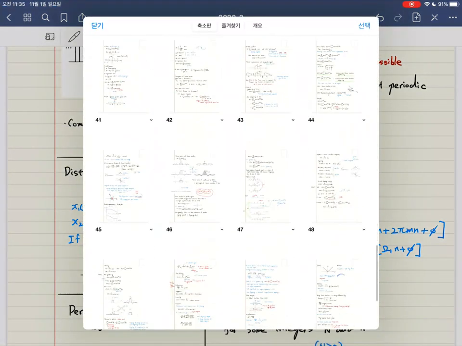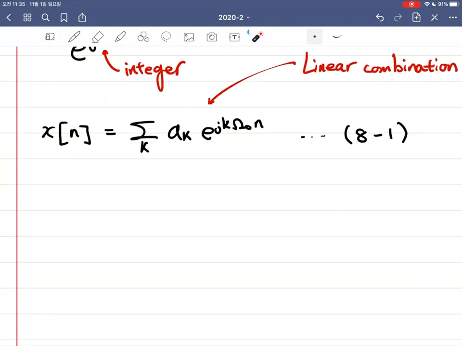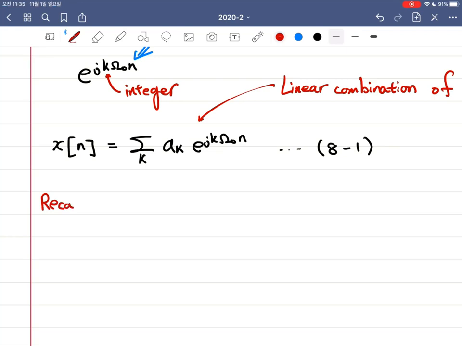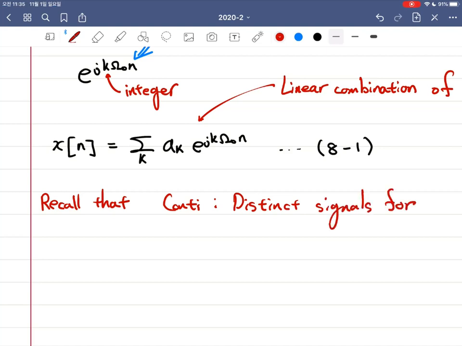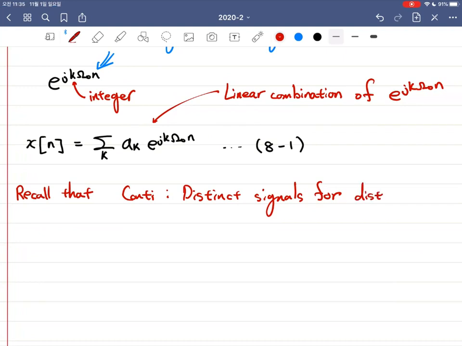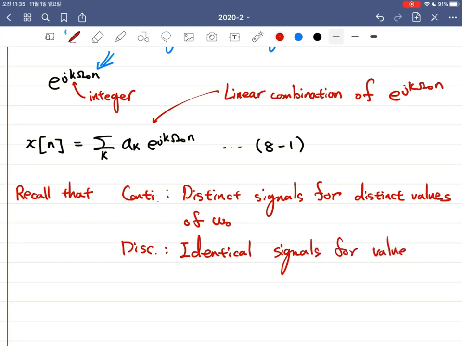So this was the property for continuous time, and for discrete time, we can obtain identical signals for values of large omega 0, the fundamental frequency, separated by 2 times pi.